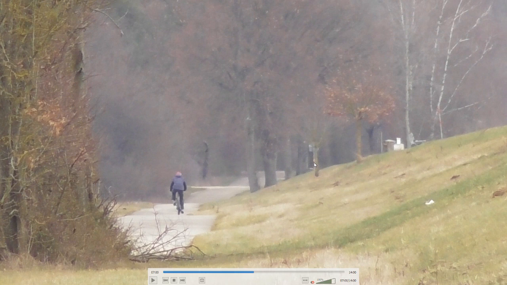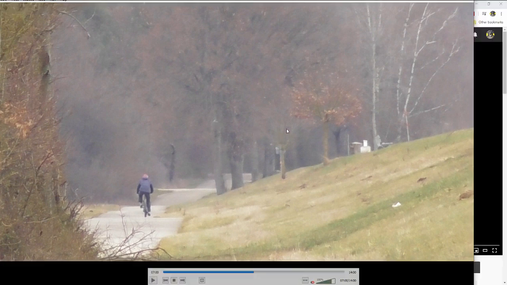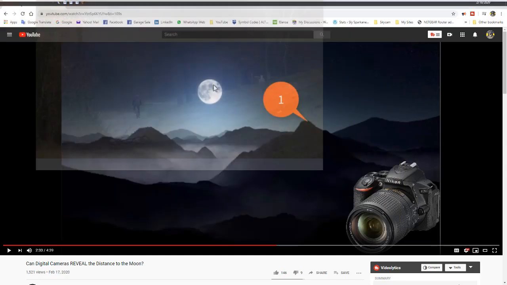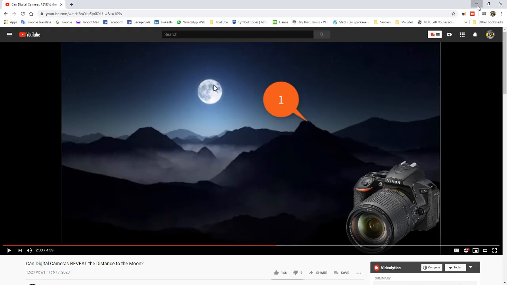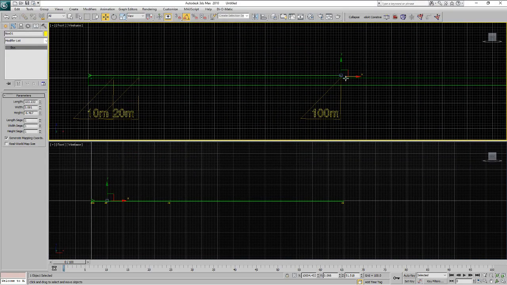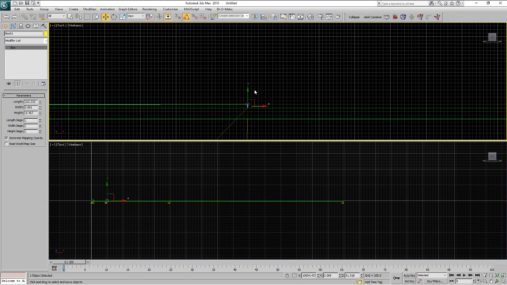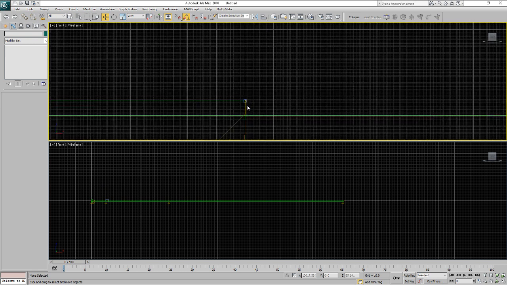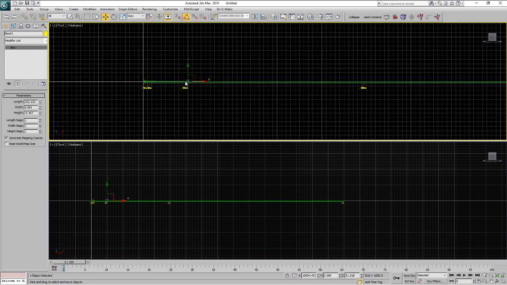So the problem is that the further something gets away, more things around it, especially due to the resolution of the camera, are in the same focus. And this plays into this part, which is at 100 meters. I'll just show you the difference between those two. I was at 100 meters here. I'm going to go out to 500 meters.